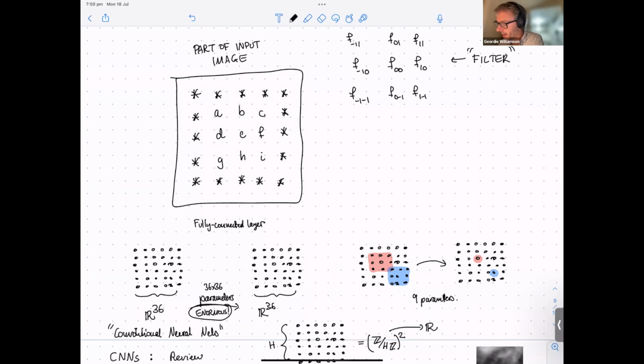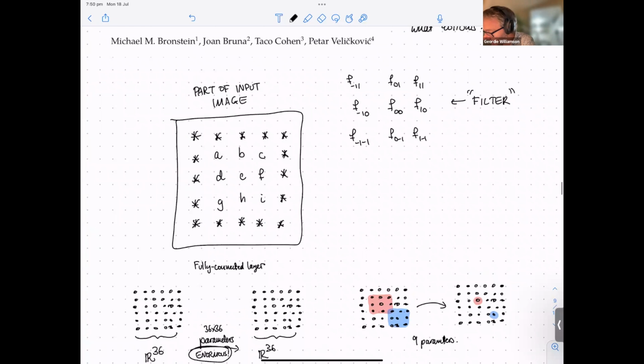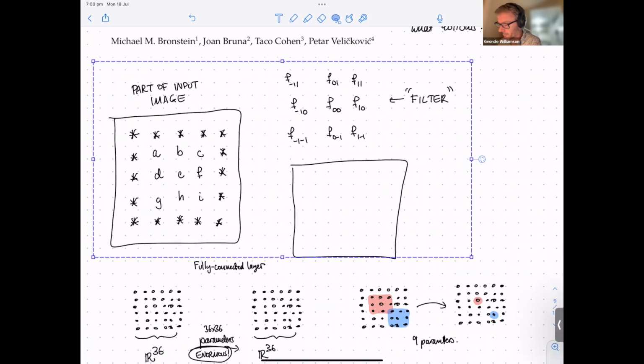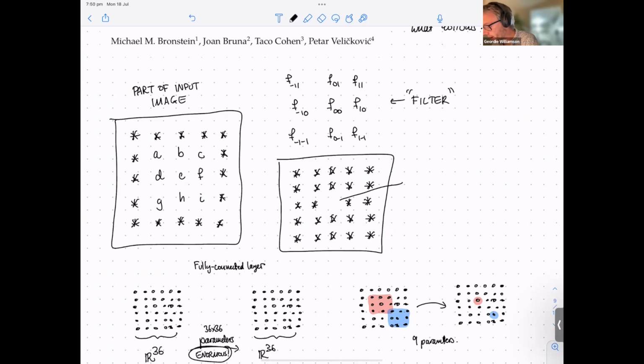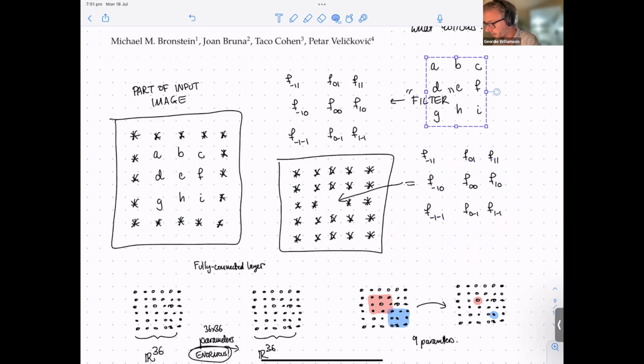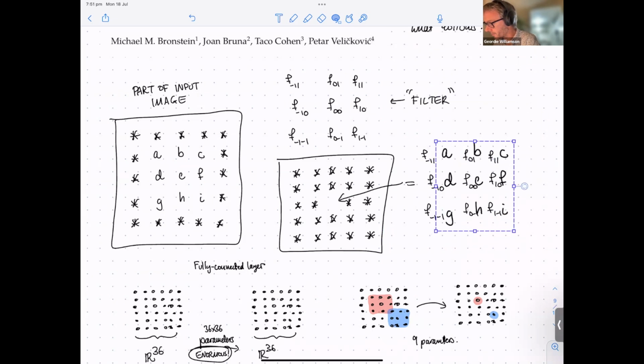And now the formula for what happens in a CNN is that a value here, and I get a complicated... and this value here will be equal to this sum.